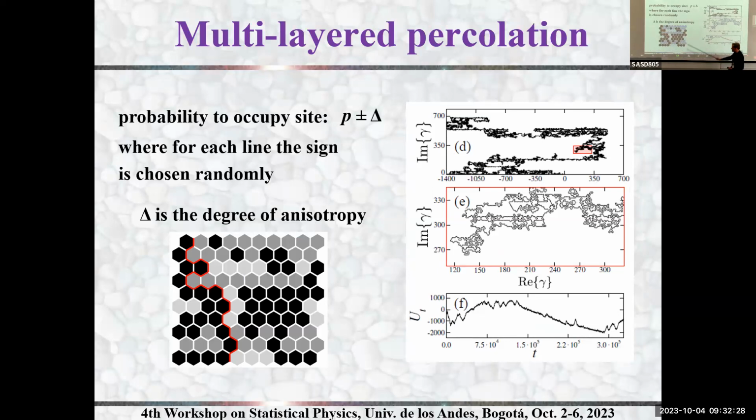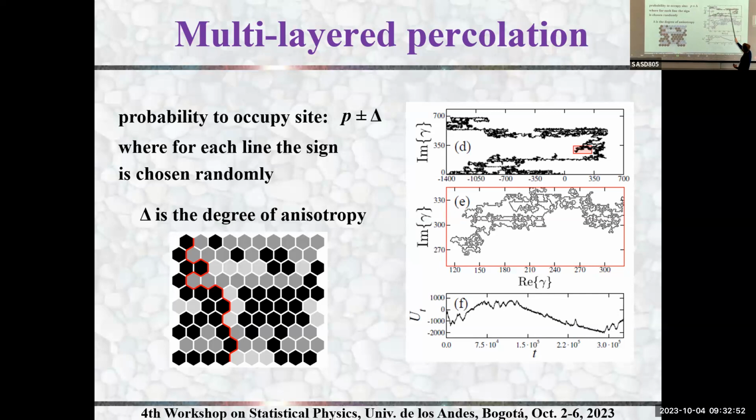Multi-layered percolation is like this. You have layers, and then I say some layers have P a little larger and some layers have P a little smaller. For half of the layers, randomly chosen, I take P plus delta, and for the other half, I take P minus delta. If you look at these pictures, this is typically such a cluster.